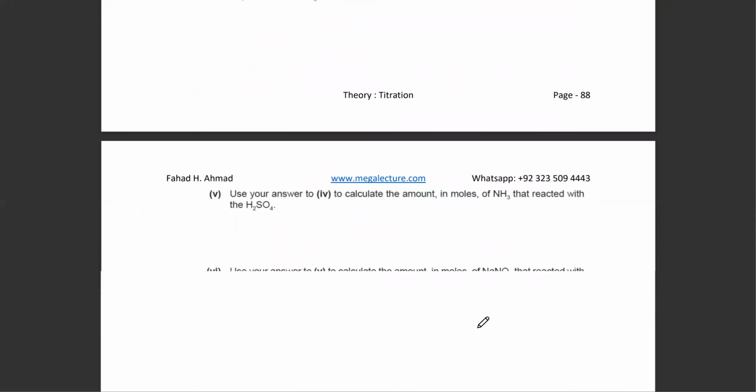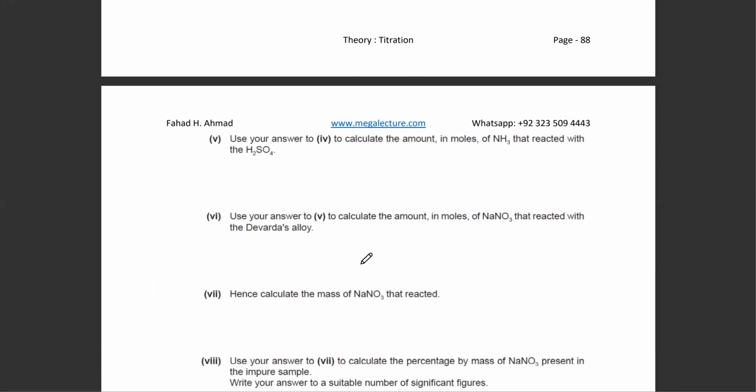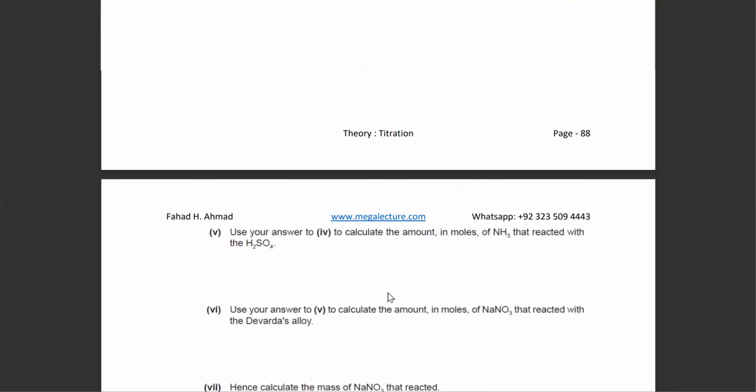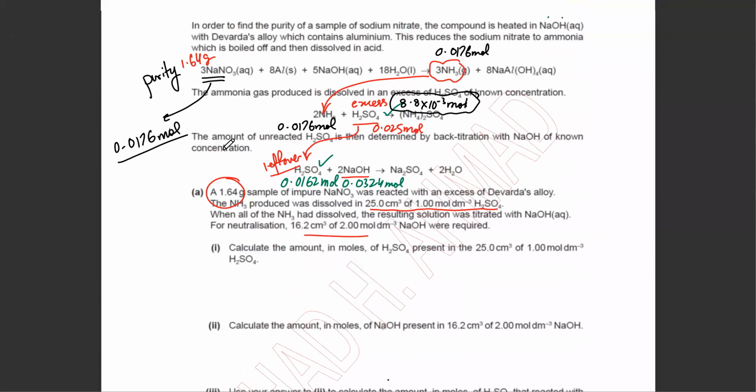He has given you all the steps, and the last part is calculate the mass of NaNO3. So you found the moles. So you can calculate the mass, multiply this by the MR, which would be 23 plus 14 plus 16 times 3.